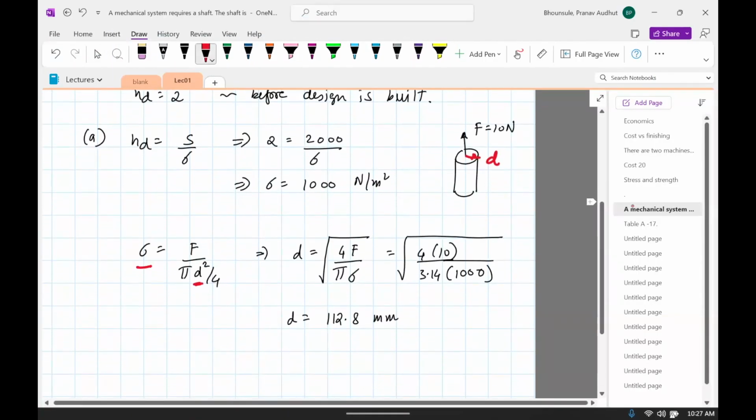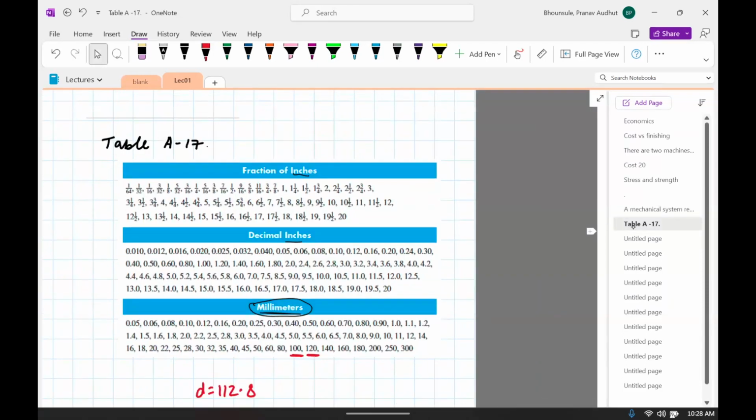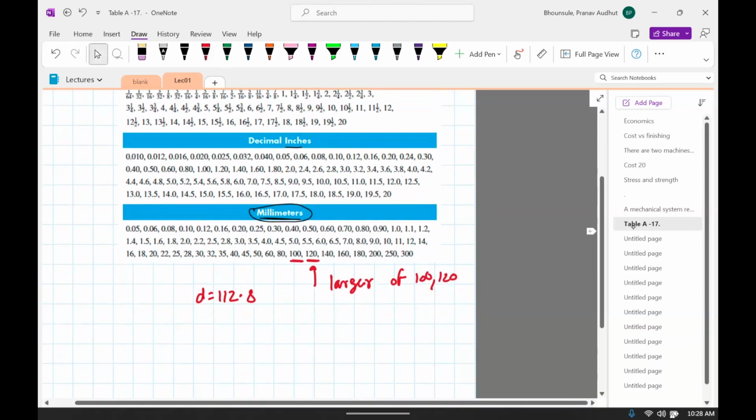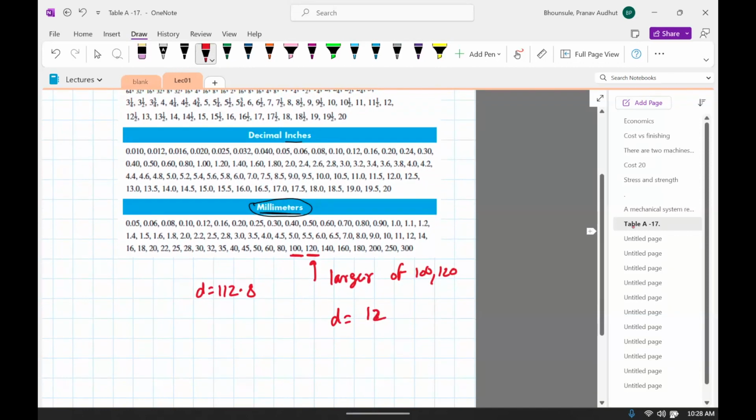Stress is inversely proportional to the diameter. If you decrease the diameter from what is required to 100, your stress will actually go up, which means that you'll no longer meet your design factor. So when given a choice between two diameters, you always have to choose the larger of the two values, larger of 100 and 120. So it's 120. So you need to choose d equals 120 mm because of standardization.